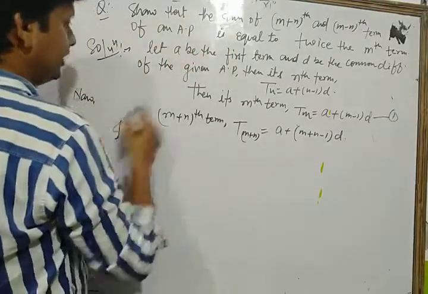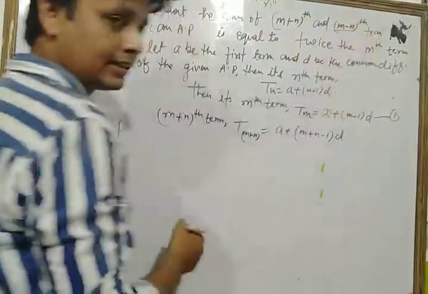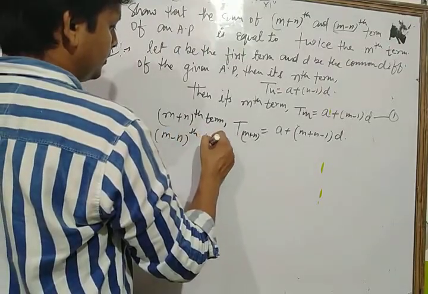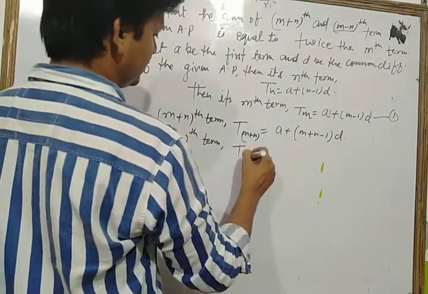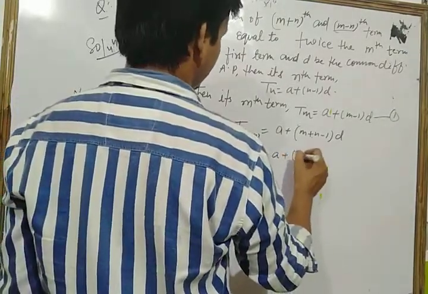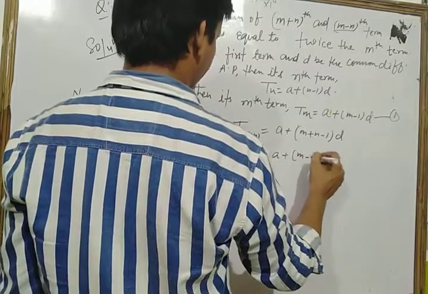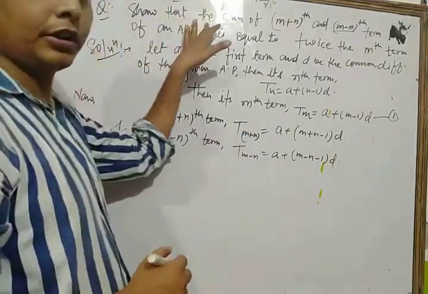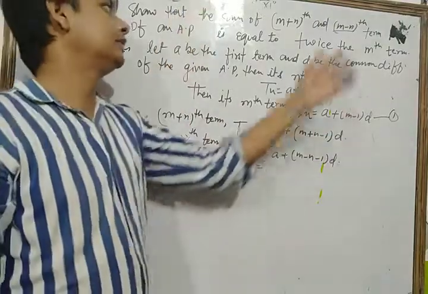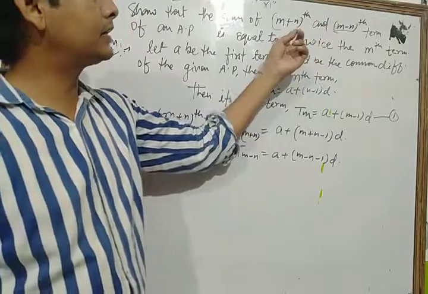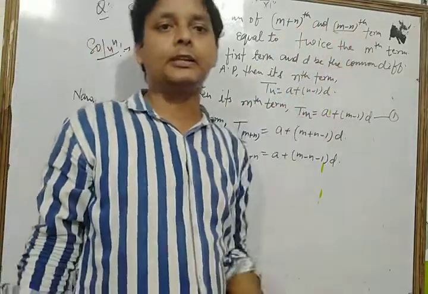And now we find the (m minus n)th term, that is T(m minus n), is a plus (m minus n minus 1) into d. Now according to the question, we have to show that the sum of the (m plus n)th and (m minus n)th term.